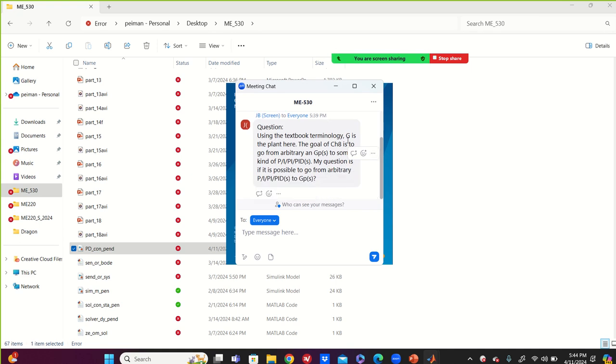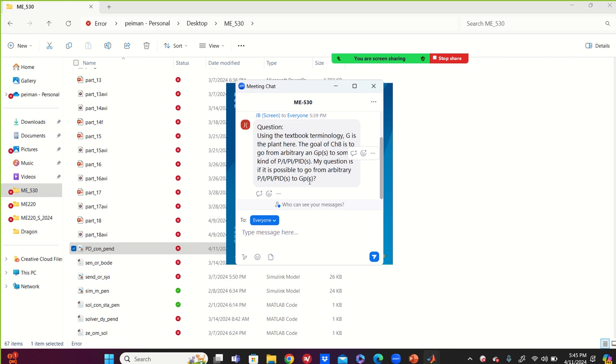Using the textbook terminology, G is of the plant here. The goal is to go from arbitrary PID to GP. What do you mean by GP? No, we are not going to reverse.